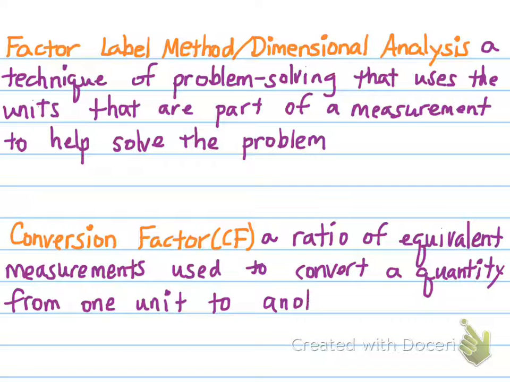And remember, part of the power of a conversion factor is I can write it with my units either in the numerator or denominator, depending upon where I need them to be in my dimensional analysis problem.